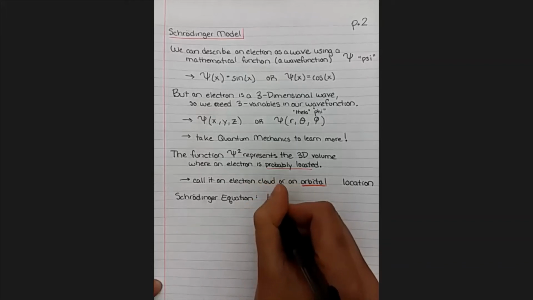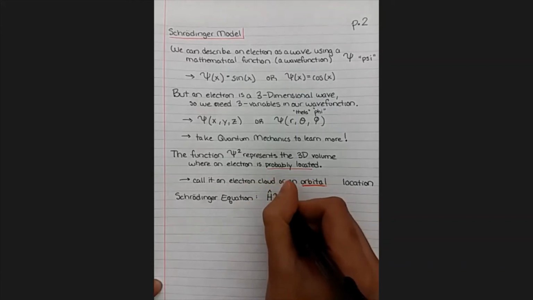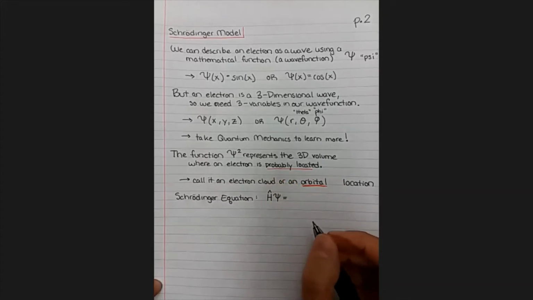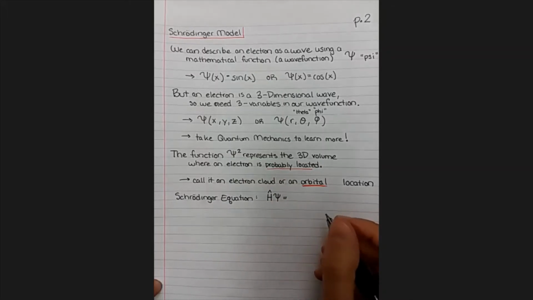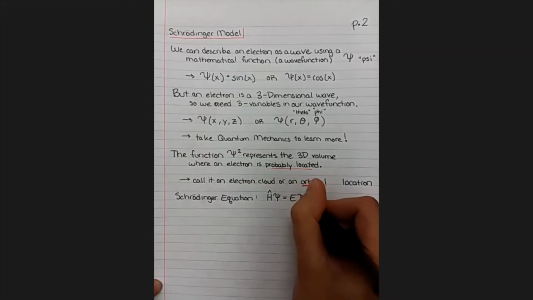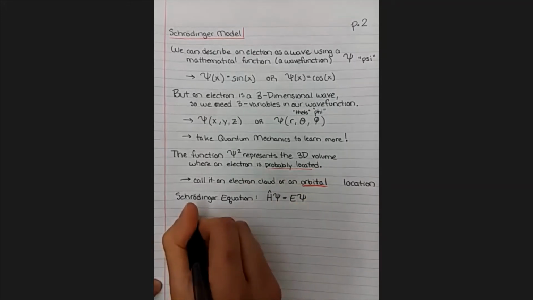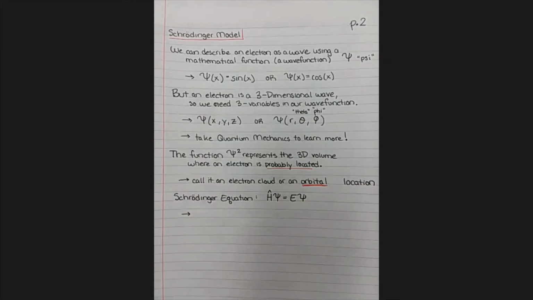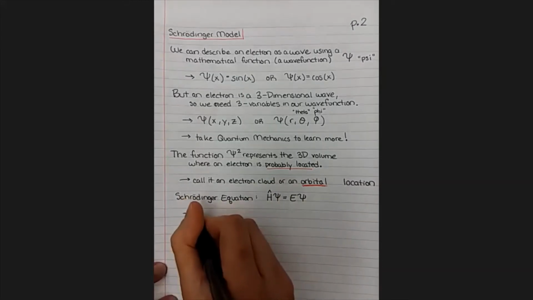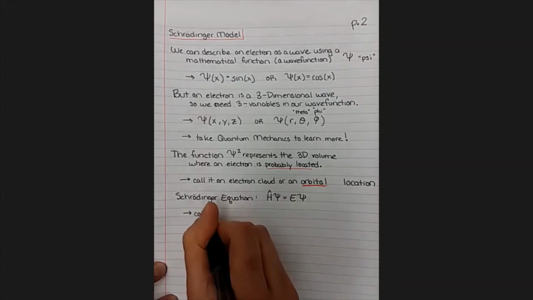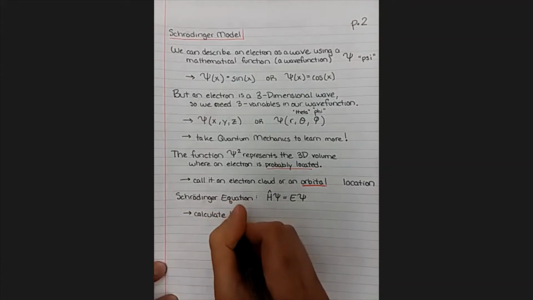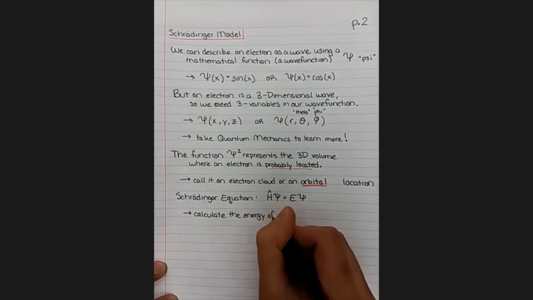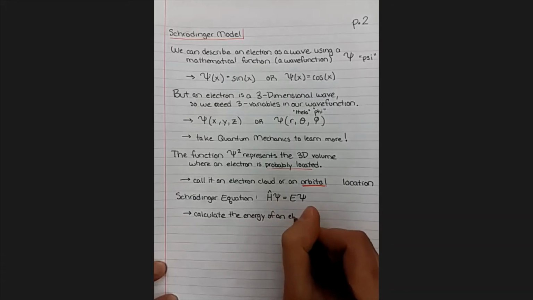And that equation looks like this. It has a Hamiltonian operator, kind of like a multiplication or a divide sign, taken of the wave function, gives us the energy times the wave function. We are not going to be using that function, but that's what it will look like when you make it to higher level chemistry and physics and need to use that. So with this equation, we can calculate the energy of an electron in a particular orbital.